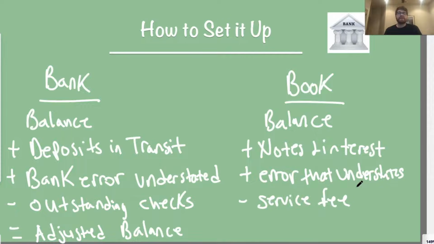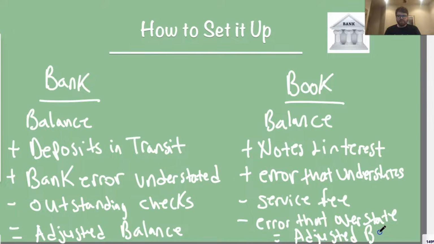So the book needs to get that memo to be like, oh, okay, I need to subtract that. And also, you'll subtract any errors that overstate. Because if it overstates that balance, we have to subtract it, and that's going to equal our adjusted balance.